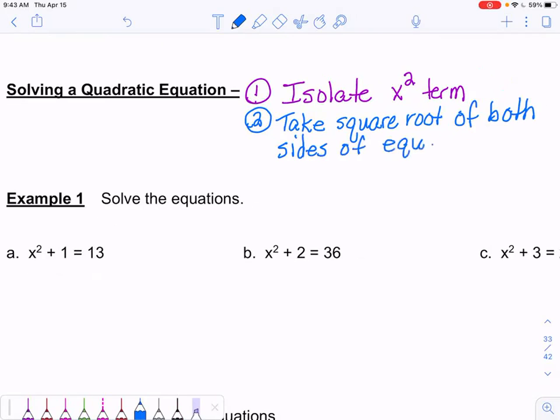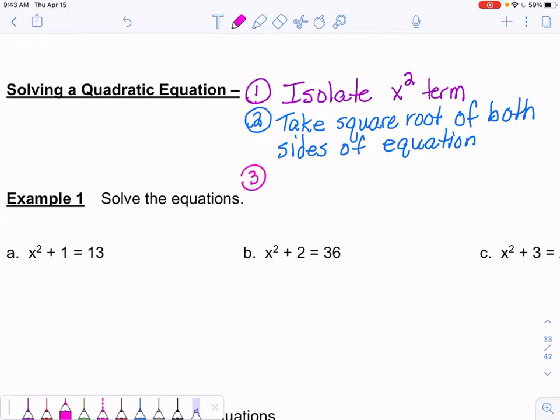That's going to be the method that we use to get x by itself. So we're going to get x squared by itself first, but then we still have to solve for x. And in order to do that, we're going to be taking the square root of both sides of the equation. When it's an equation, we need to be equivalent. So what you do to one side, we have to now make sure we're doing to the other.